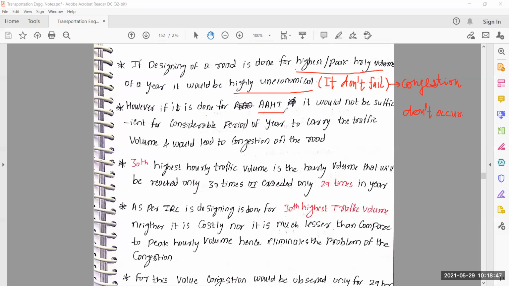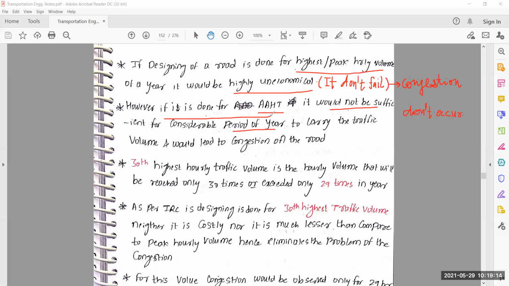If we design our road according to annual average hourly traffic, it would not be sufficient for a considerable period of the year, and we feel more often our traffic will be congested.